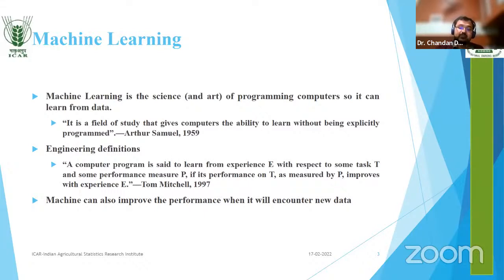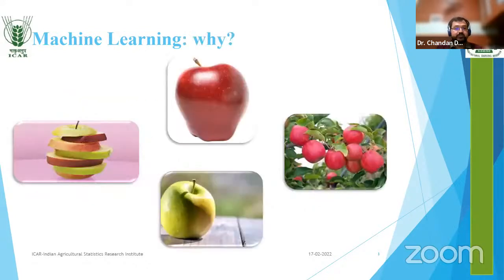That means there is some model, some machine-readable output, and that model improves day by day, or over time. So we can also say that the machine can improve its performance when it encounters new data.